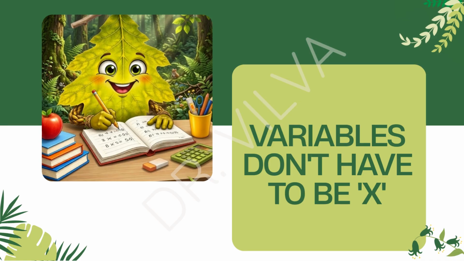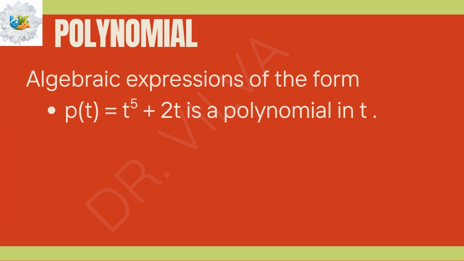Here is a common point of confusion. Polynomials aren't restricted to just using the letter x. You can use any variables you like. The notation just adjusts to match. For example, we can write a polynomial in the letter t. P of t is equal to t power 5 plus 2t.